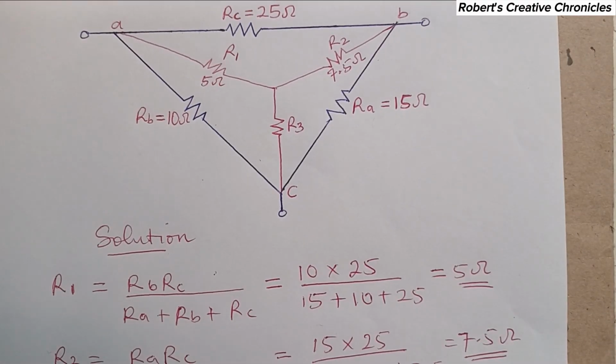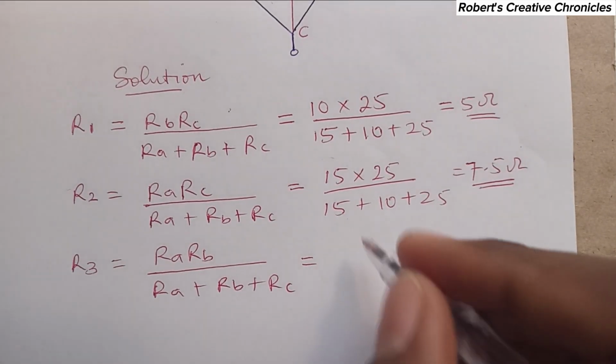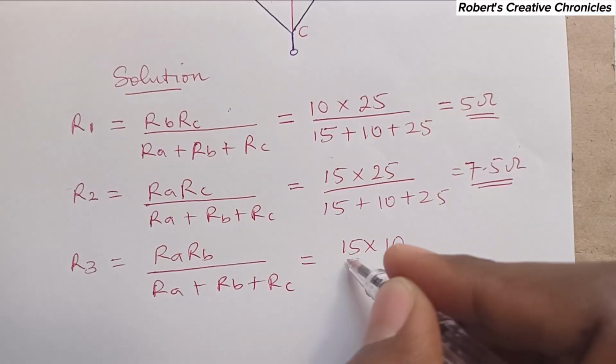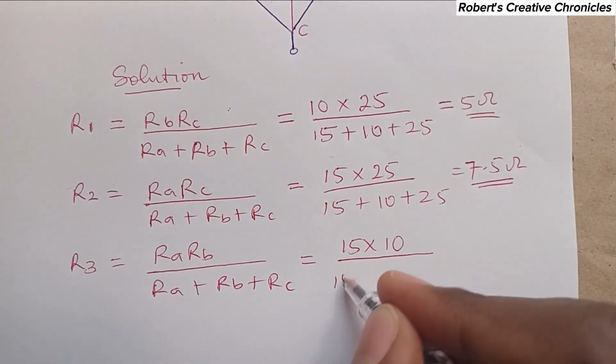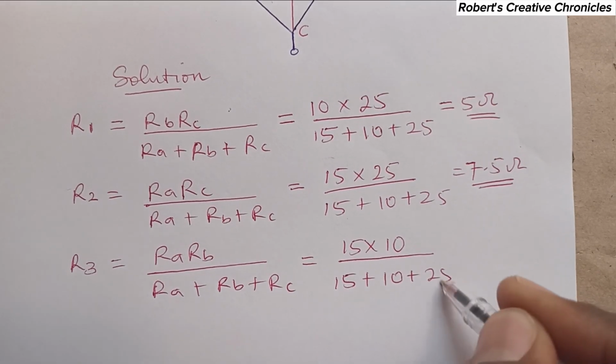So RA RB is what? 15 times 10, over 15 plus 10 plus 25.